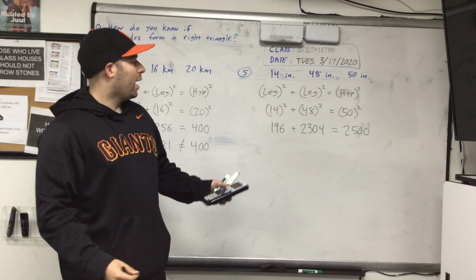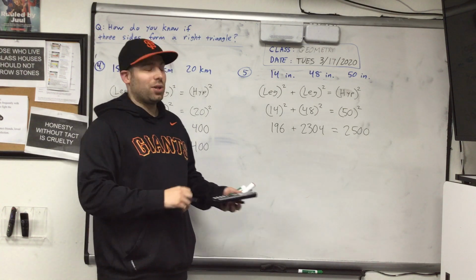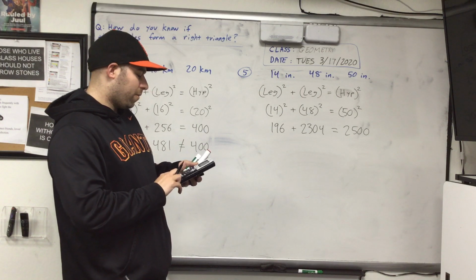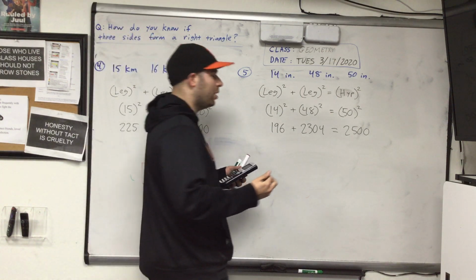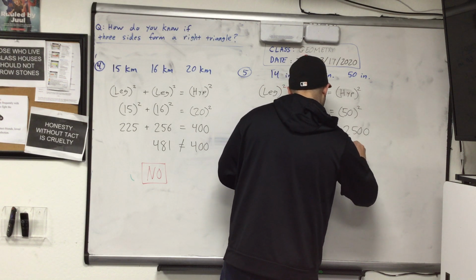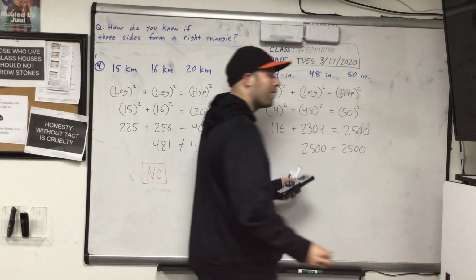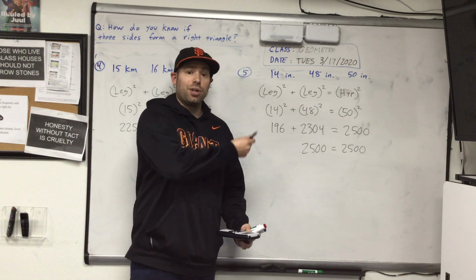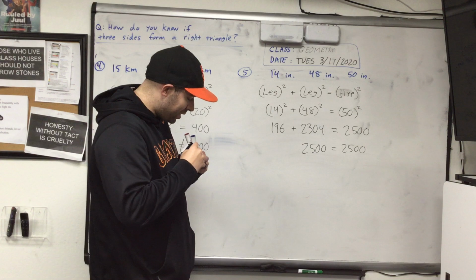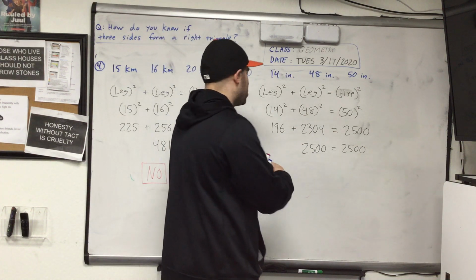Add these up and we should see if the Pythagorean theorem works or not. 196 plus 2,304 is 2,500. So leg squared plus leg squared is 2,500. And the hypotenuse is 2,500. Is the Pythagorean theorem satisfied? The answer is yes. So therefore, these three side lengths form a right triangle.